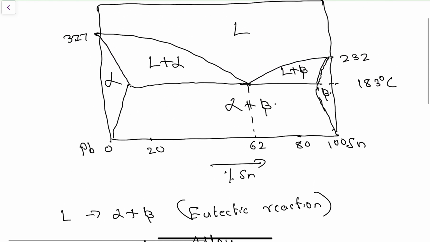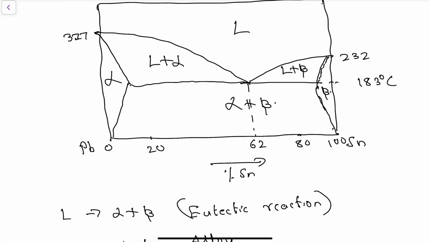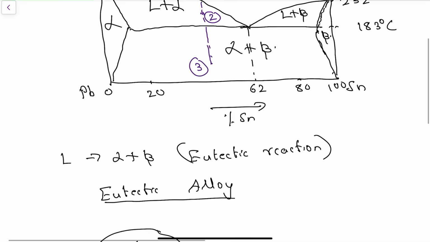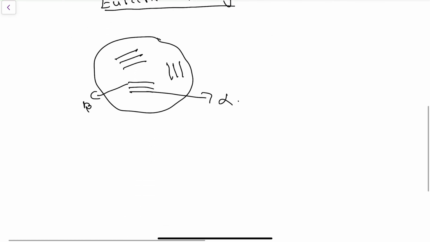Now, suppose the transformation is carried out at a different percentage. Suppose the reaction is here. This is where the transformation occurs when the alloy is cooled at a different composition, from here 1, then here 2, and finally it reaches here 3. So what is happening at that?